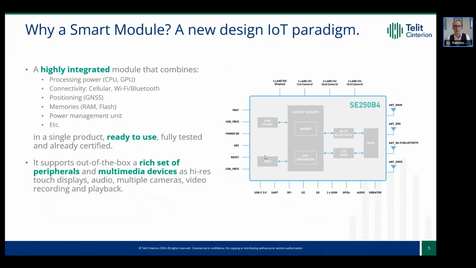They support multiple cameras. They support high-resolution touch displays, and so on. So it's quite easy to design. They already support many peripherals out of the box, and all these things shorten your time to market, your design activities.